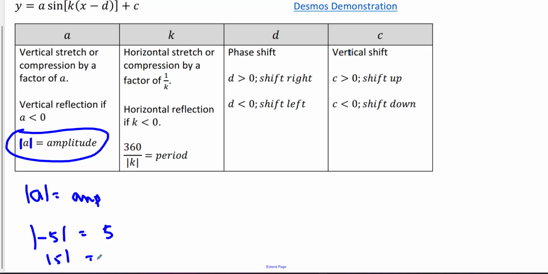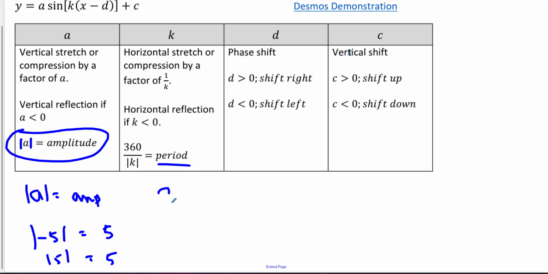Absolute value of 5 is also 5. So don't think that you're flipping the negative sign. That's not what absolute value is. It basically takes what's called the magnitude or the numerical value, irrespective of the sign. So you don't care if it's positive or negative. The absolute value is just the magnitude, just the positive number value. So amplitude is just the absolute value of A.